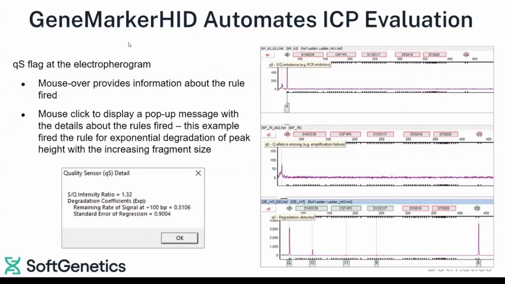Okay, so in GeneMarker HID, there's an automated process for internal control probe evaluation, and it's a QS flag in the electropherogram. So if I look over here in the electropherogram, these are some test samples that all had some issue with them. And when you mouse over that QS, it tells you there's a Q/S imbalance.